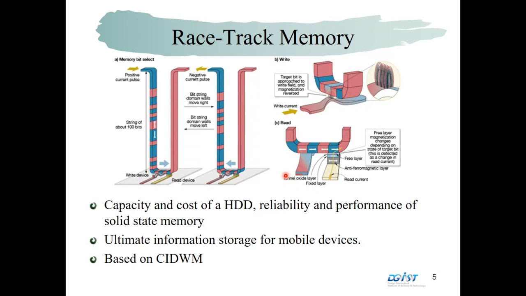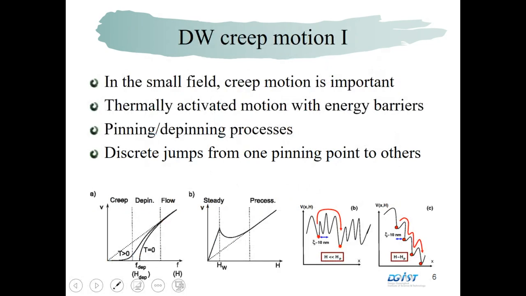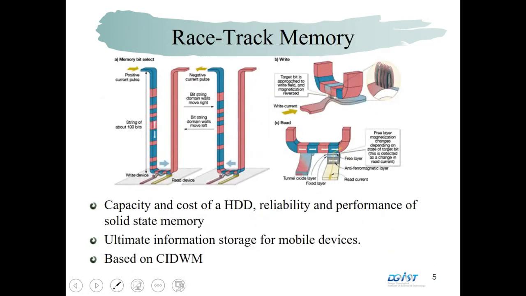And the working principle of this domain motion is based on the current-induced domain wall motion. Okay, then we should think about the domain wall motion. First, I'm going to explain domain motion by the field.